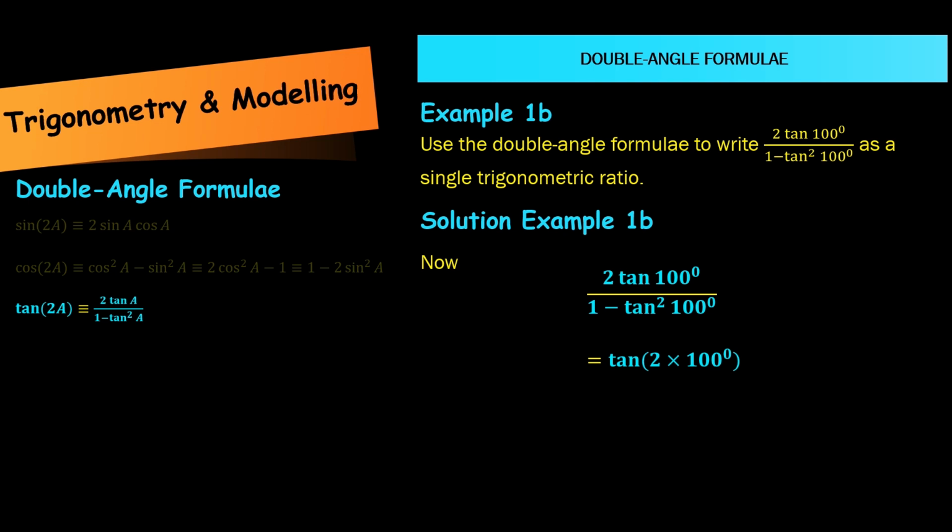Here we've substituted A equals 100 degrees into the double angle formula for tan as shown, to give us tan 2 times 100 degrees, which is of course equal to tan 200 degrees.